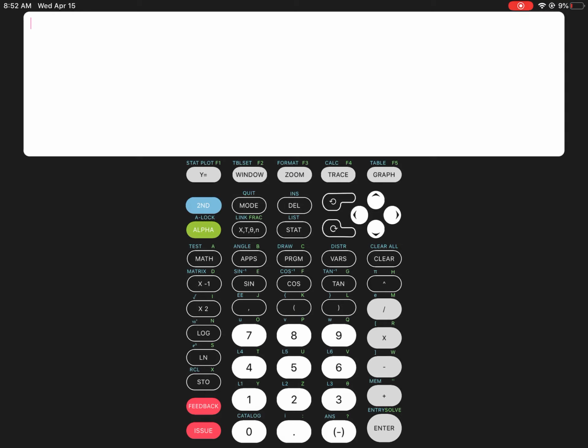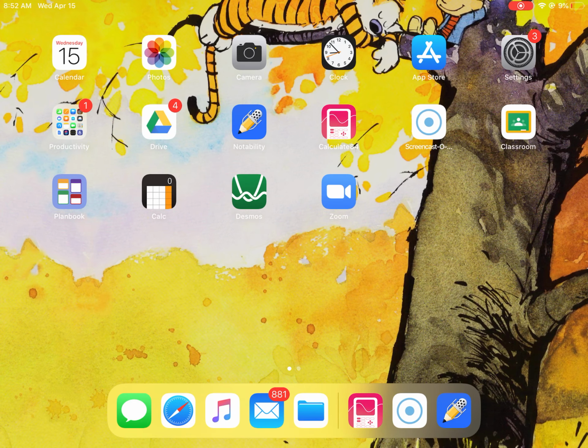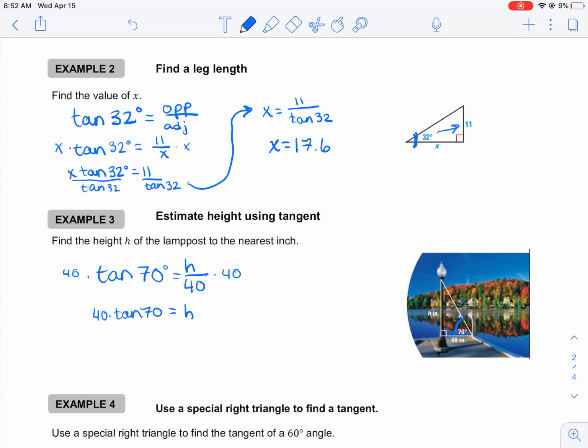So we type in 40 times tangent of 70. Hit enter, and we get the height, it wants to the nearest foot, 109.9 feet, we would say. So let's say 110 feet. So the height is approximately 110 feet.